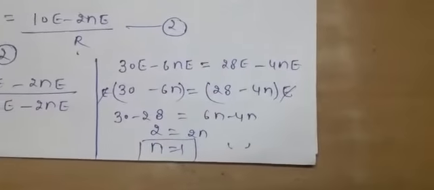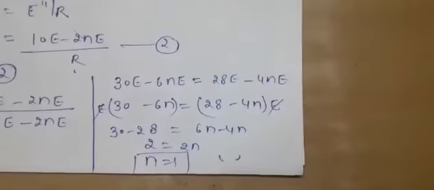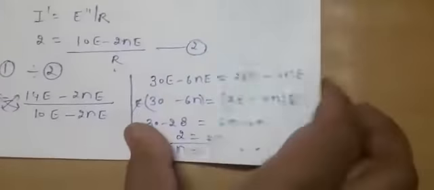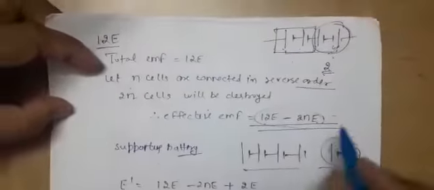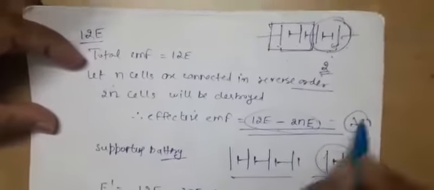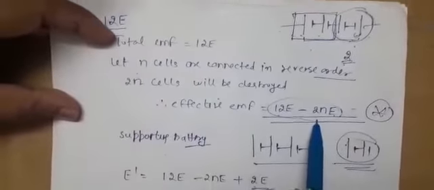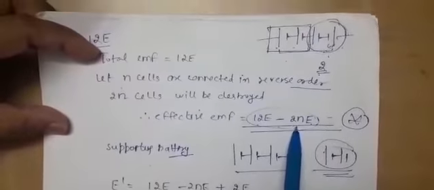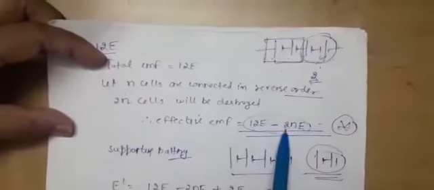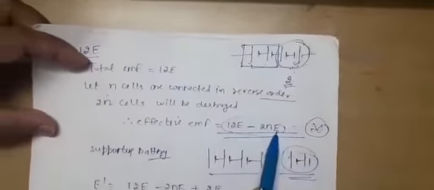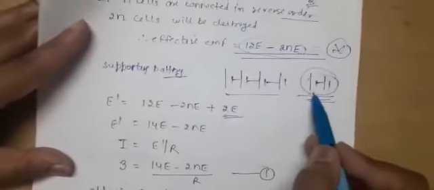It means only one cell is wrongly connected. So see here, as per the statement, the key points for this numerical. First of all, this is an important point: when N cells are wrongly connected, the EMF is reduced by 2N times EMF. Second, when this is connected to an external circuit where two batteries are supporting, that means connected in the same order to the combination, then this will be adding and giving the current.